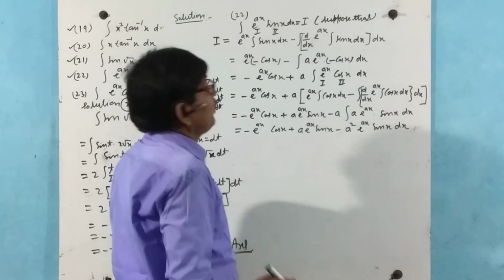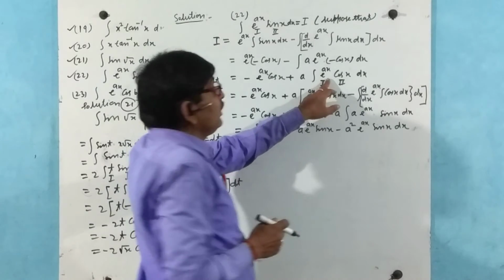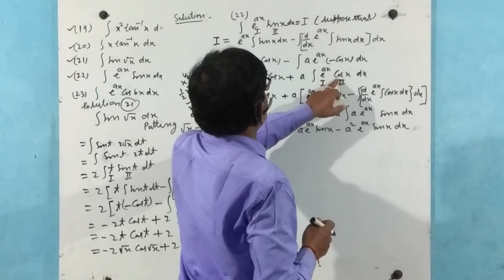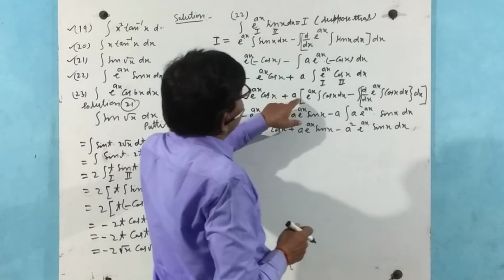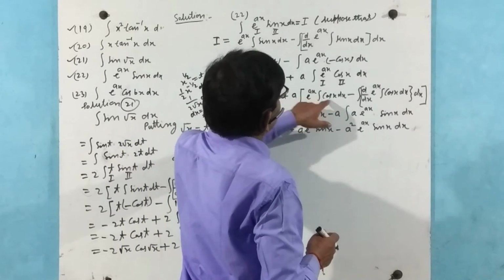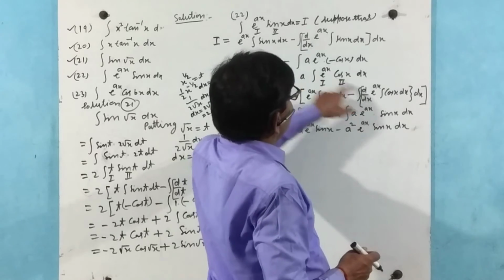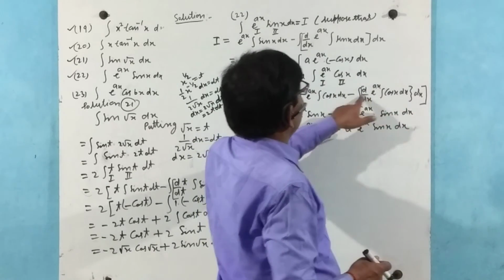Now we again apply the product of two functions in the integration. First function e to the power ax, second function cos x, so this comes here. Now a is here: first function, integration of second function, minus differentiation of first, integration of second, integration of whole function.